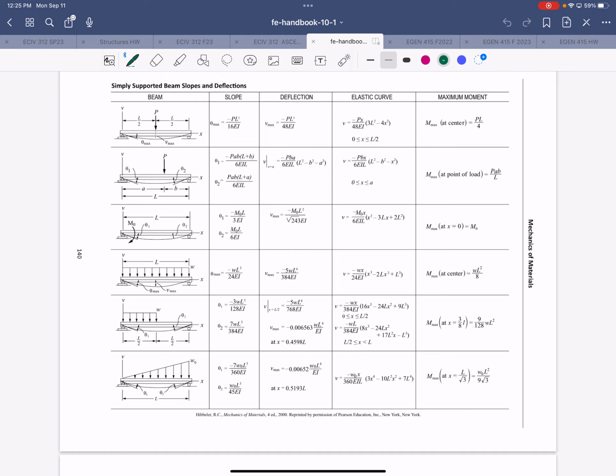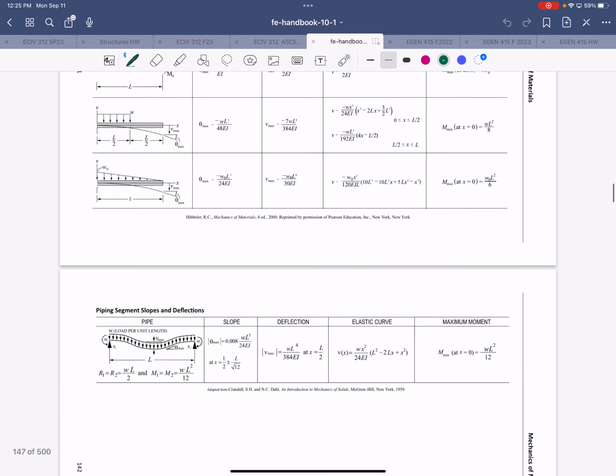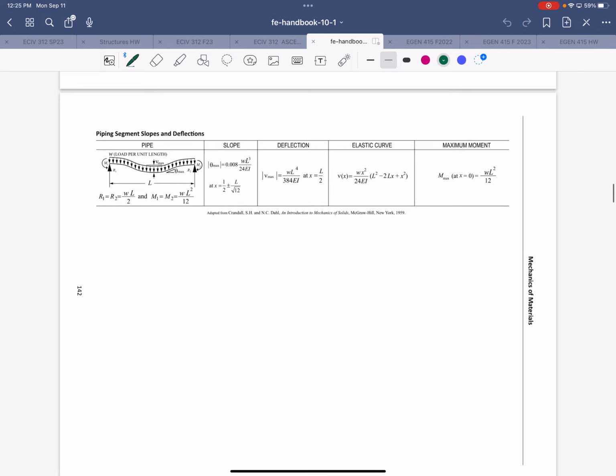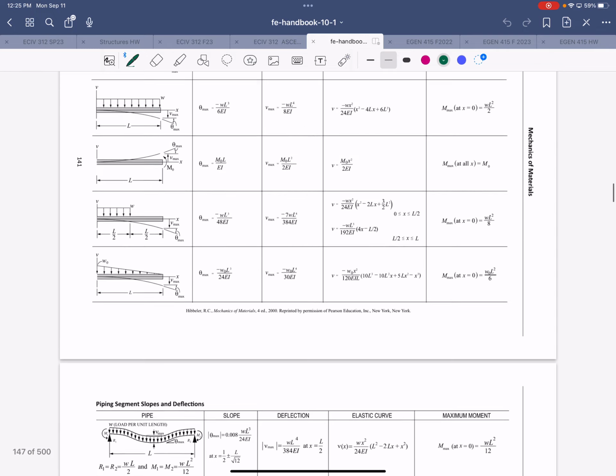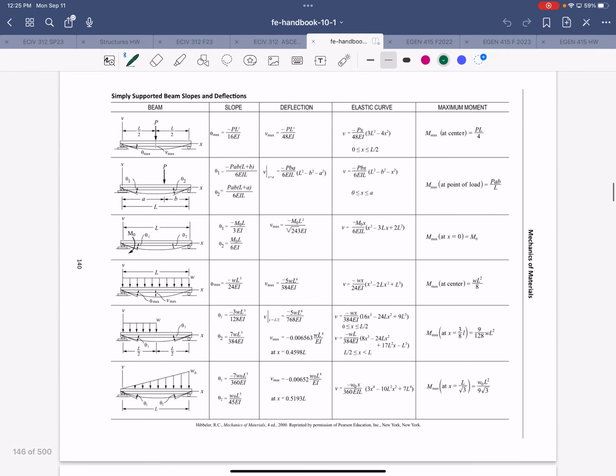This is what is provided, at least based on the latest version that I was able to access. So there's 3 pages of these tables. Again, not as comprehensive as the ones that you have in the notes for this class, but sufficient enough to get you through that exam.